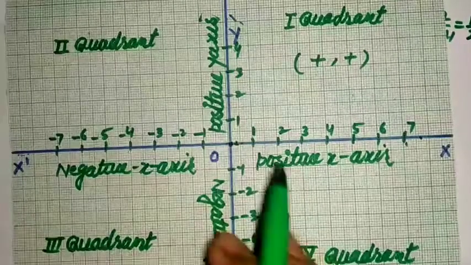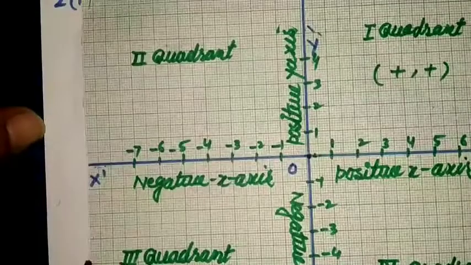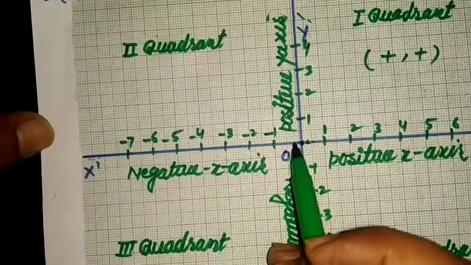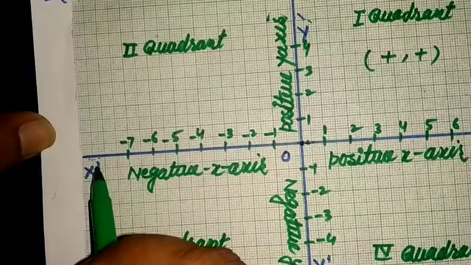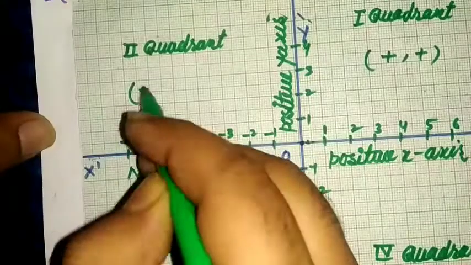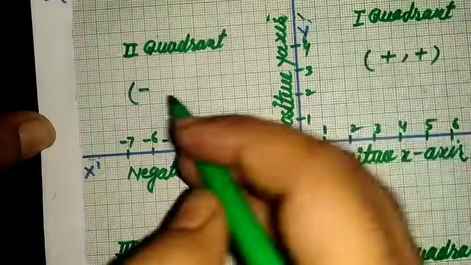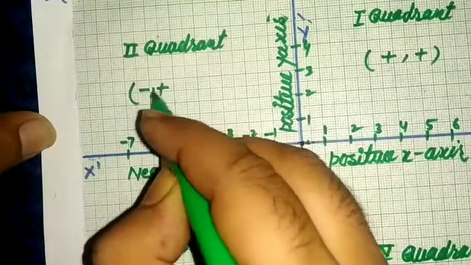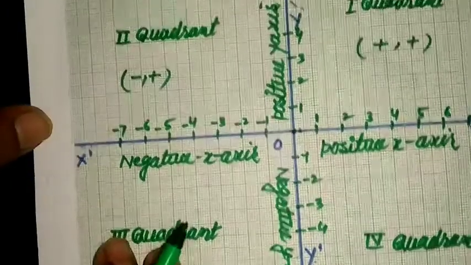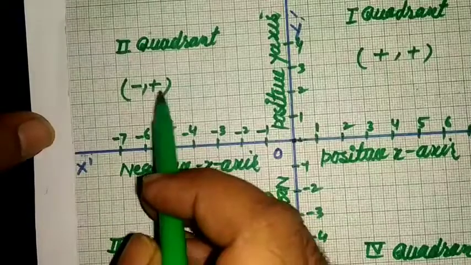isn't it? Now see, in the second quadrant, first on the x axis, these are negative, and the second is on the y axis, this is positive. So the sign of the second quadrant is minus, plus.